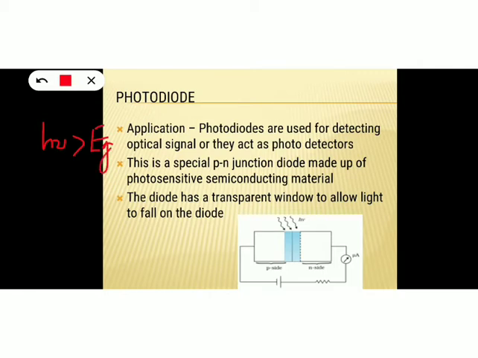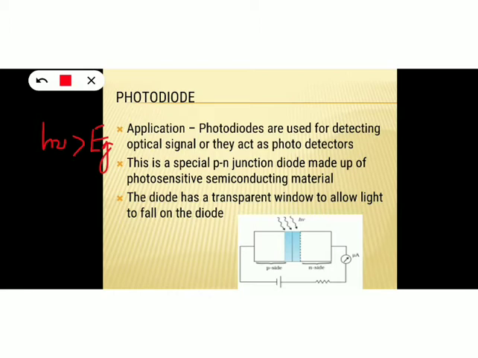electron-hole pairs are generated. Electron-hole pairs means carriers are generated, because when we supply light energy, electrons jump from the valence band to the conduction band, and whenever electrons jump, holes are generated.